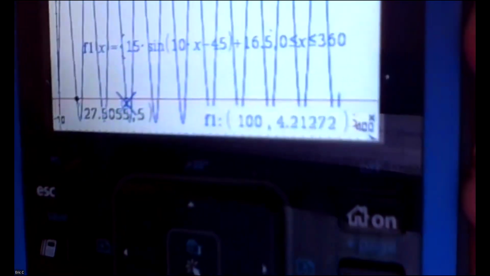For 100, I'll just type 100 again and press enter. And there you have it. So you can see the blue there, 100 and then 4.21. So the answer here, how far above the ground is Isabel stranded, is 4.21 meters.